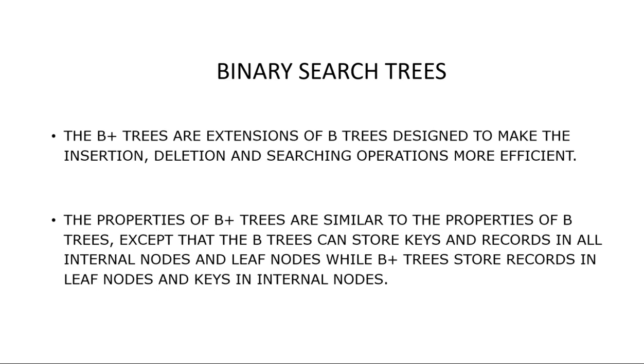Properties of B plus trees are similar to the properties of B trees, except that B trees can store keys and records in all internal nodes and leaf nodes, while B plus trees store records in leaf nodes and keys in internal nodes.